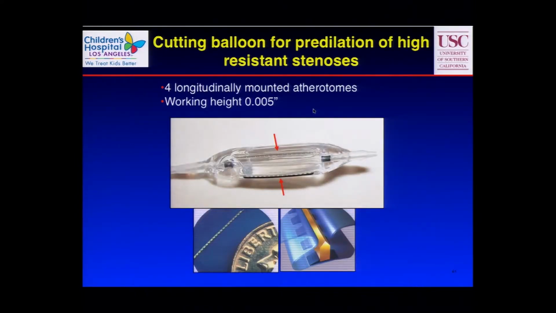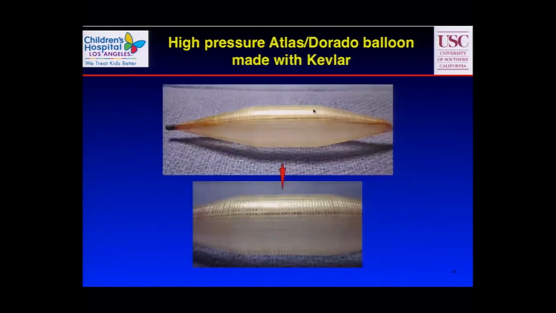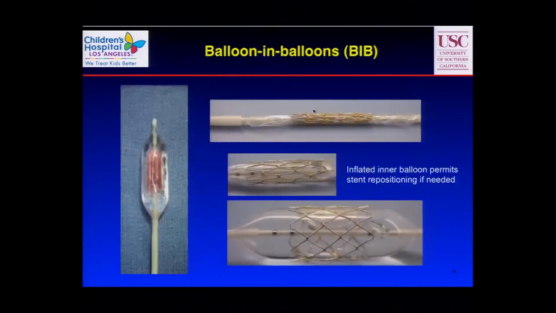Cutting balloons have little blades along the balloon that can help you cut high resistant lesions to score them. You have high pressure balloons made out of Kevlar, right? The same material that is bulletproof, that people use to make bulletproof vests. So very high pressure. You have balloon-in-balloon technology where you inflate the inner balloon followed by the outer balloon.